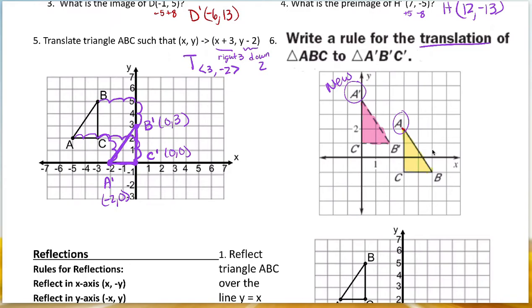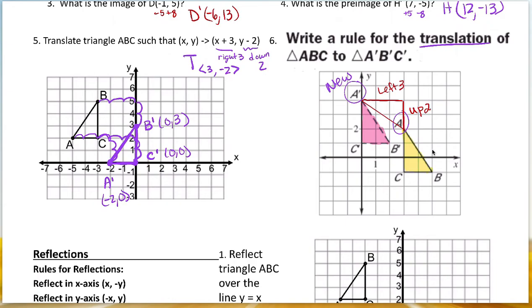So if A is moving to A prime, then it's following this slanted line path. And we can draw in like a slope step for this. I'm going to go up and over. So I can see that it's going up 2 and that it's going left 3.